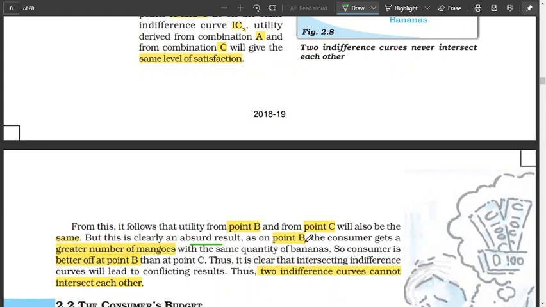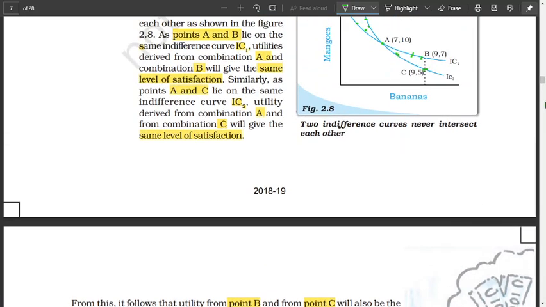At point B, the consumer gets greater satisfaction, so he'll be better off at point B than at point C. You understand? He'll prefer it here. If you compare B and C, you would prefer B over C because it's on the higher indifference curve. But how can it be, since A and B are the same, A and C are the same, so B and C should be the same.